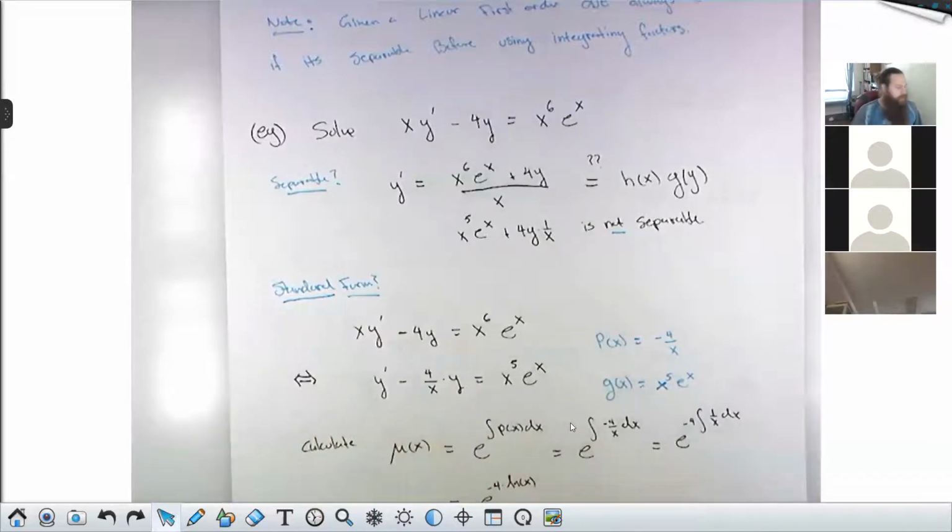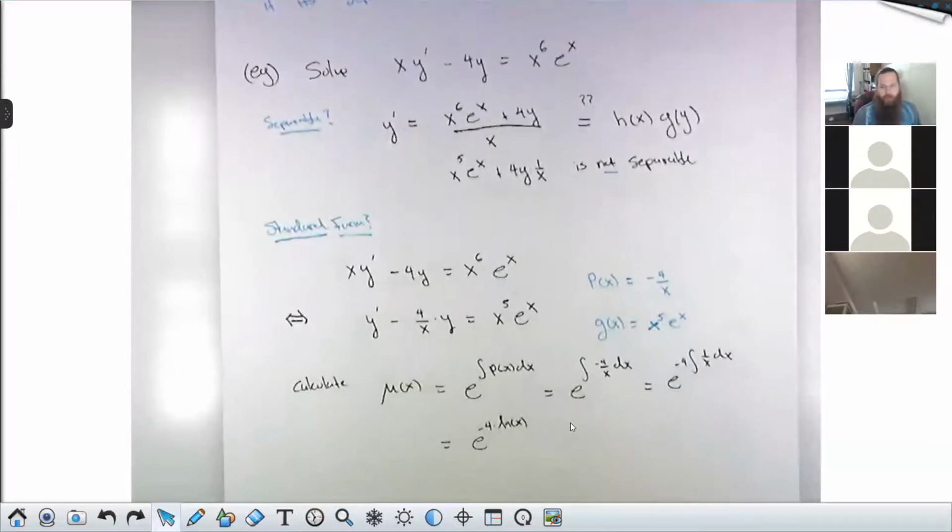We don't write plus c's when we calculate the integrating factor. Fun fact: for mu, you can use e raised to the power of any antiderivative. So while we don't normally write a plus c, if it somehow helped you, you could write negative 4 ln x plus 5, or negative 4 ln x minus 4.